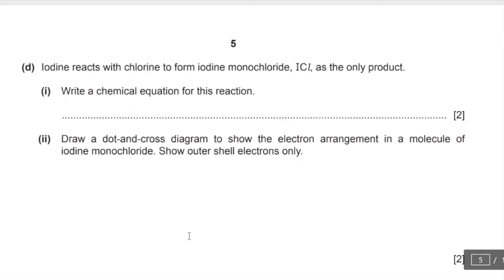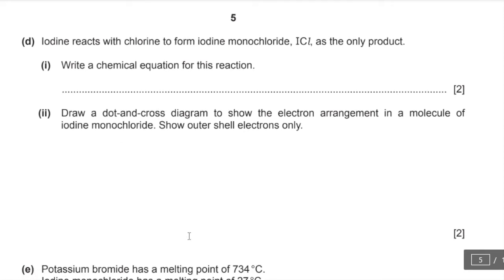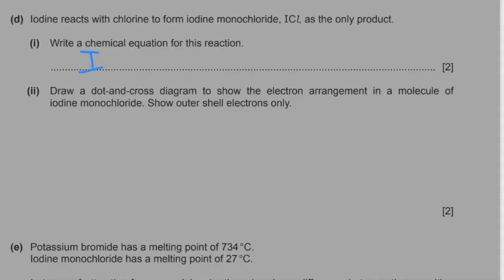D. Iodine reacts with chlorine to form iodine monochloride as the only product. Write a chemical equation for the reaction. Draw a dot and cross diagram to show the electron arrangement in a molecule of iodine monochloride. Show outer shell electrons only.